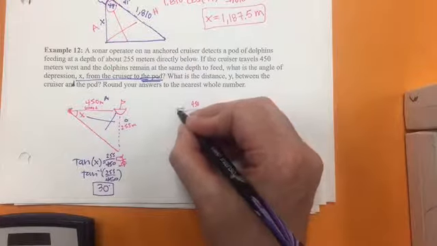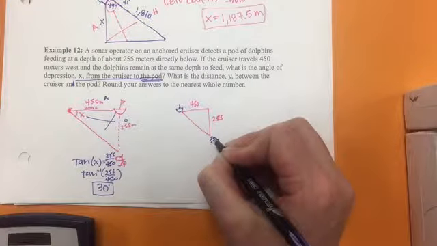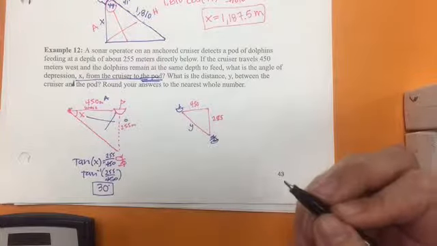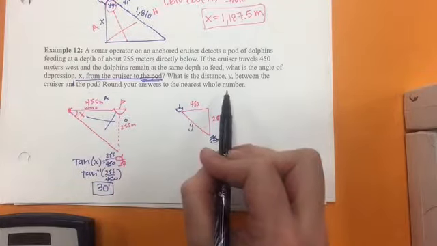So here's my new cruiser. Here's the dolphins. They want to know how far it is, that diagonal. Round your answer to the nearest whole number.